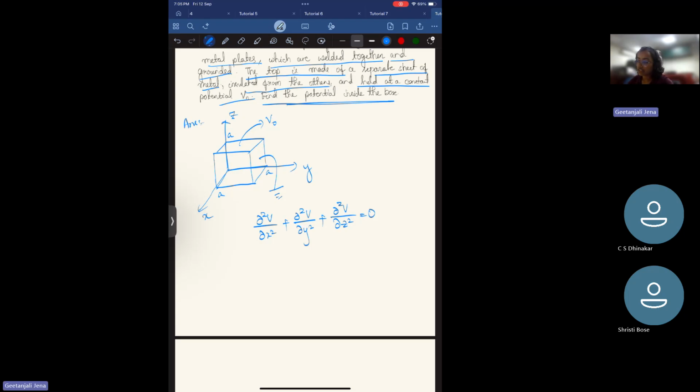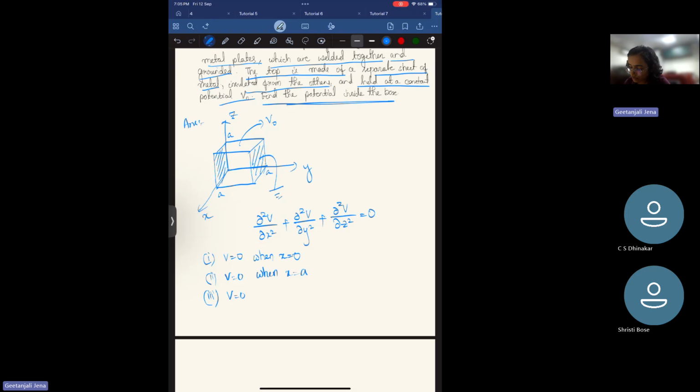And the boundary conditions: one is V is 0 when x equals 0, this plate, and one is V is 0 when x equals A, which is this plate.